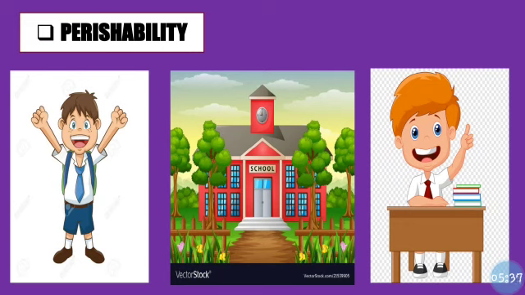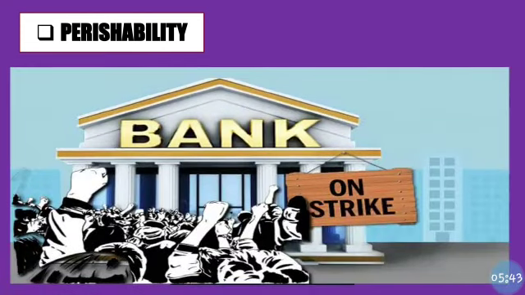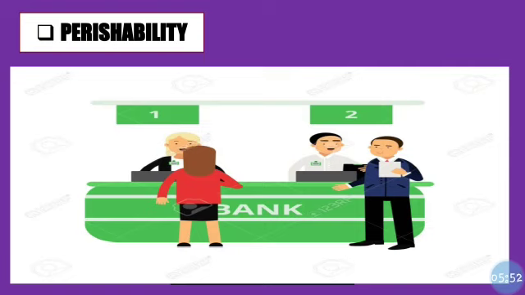One more example. If bank employees are on strike, it means that on that particular day they can't give service to people. Their services cannot be saved for later use. From this, we understand that demand and supply of services go hand in hand.